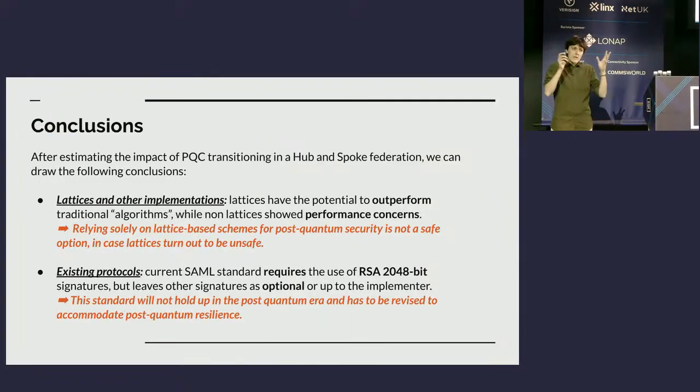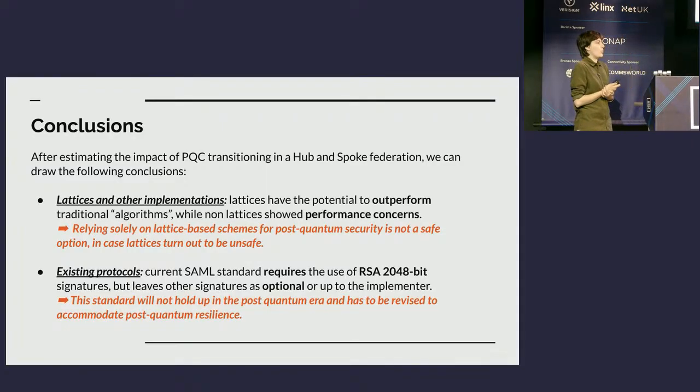So what can we gather from all of this? We can say that lattices and other implementations have the potential to outperform our currently used standards, but relying only on lattice-based schemes is not a safe bet, because if lattices turn out to be unsafe in the future, or when we have a cryptographically relevant quantum computer, this is a mess.